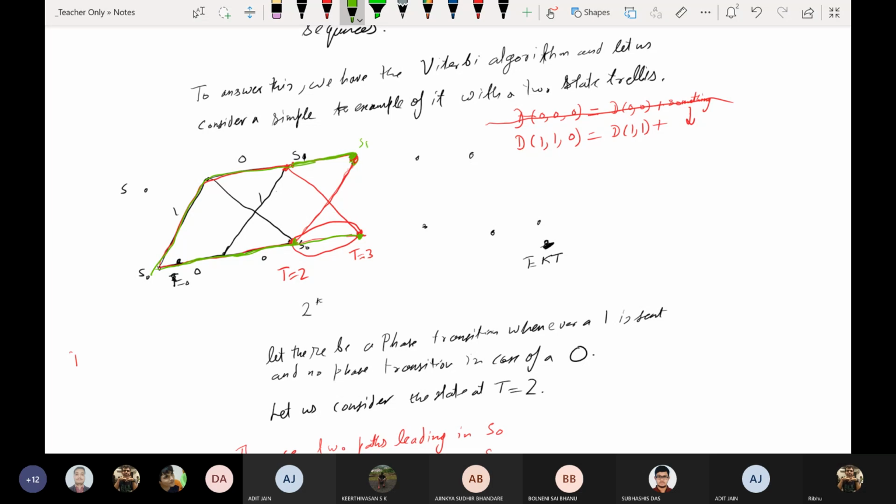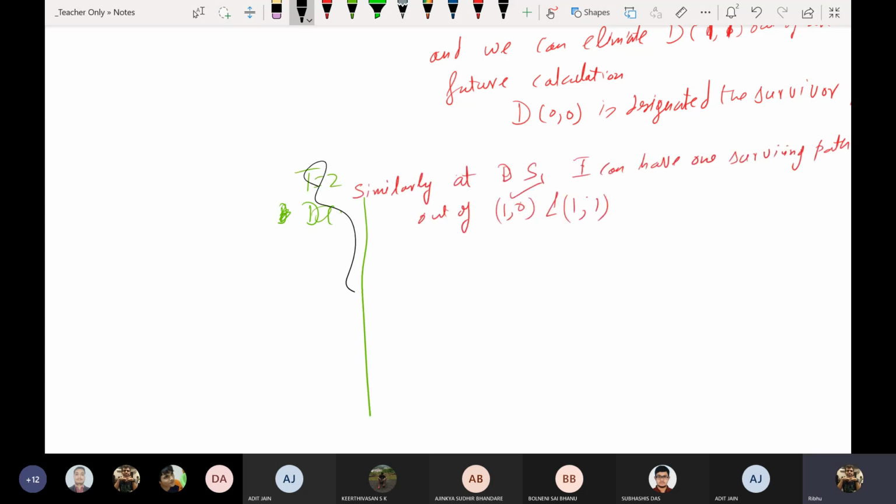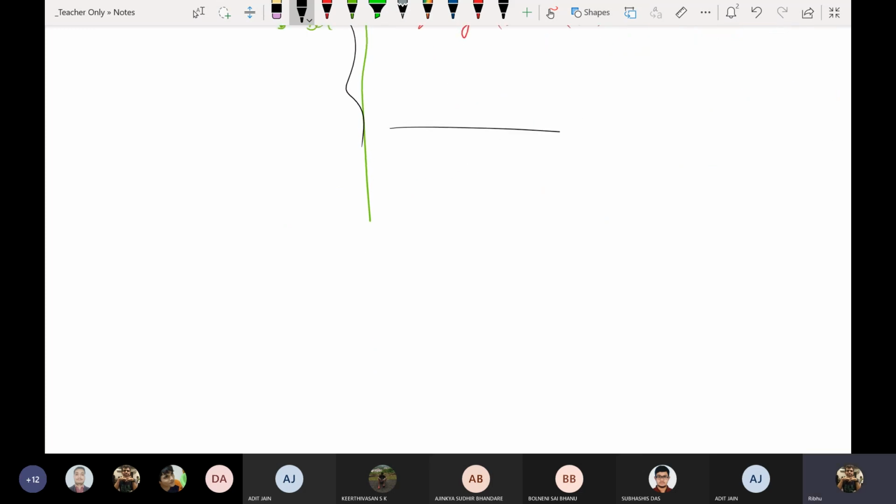So which 4 possible paths? Let's say I draw the table here.